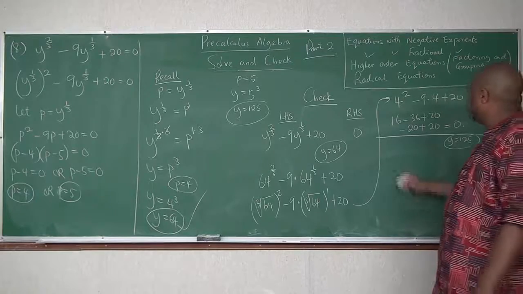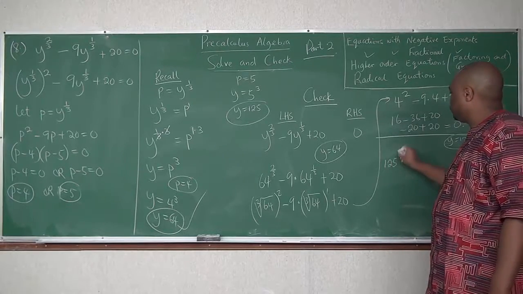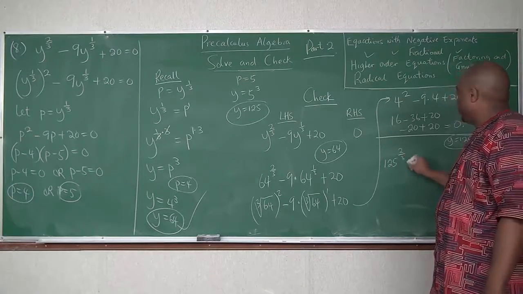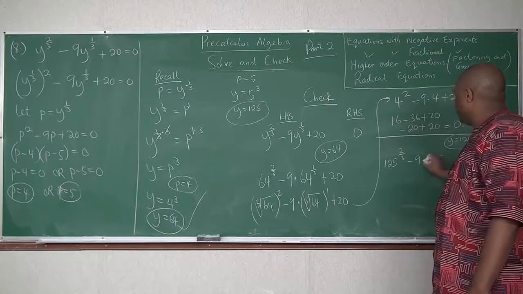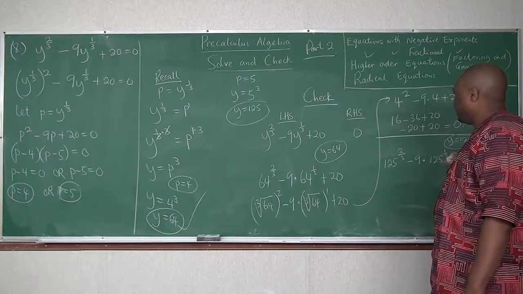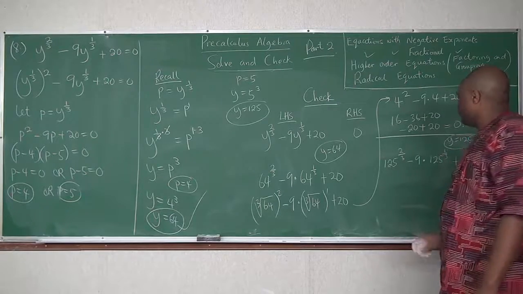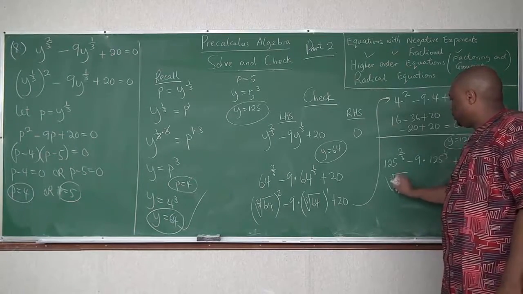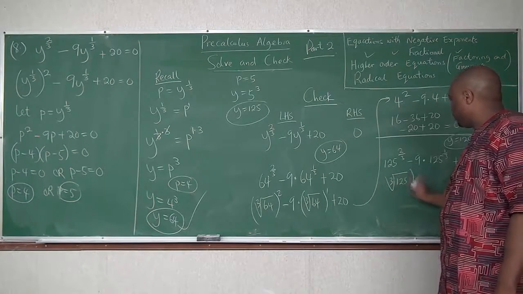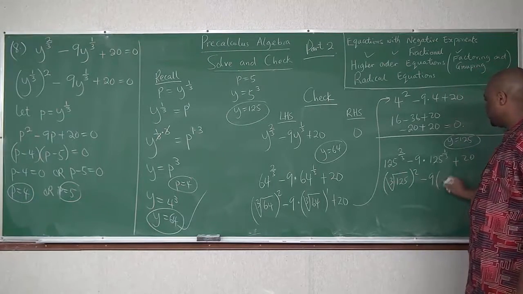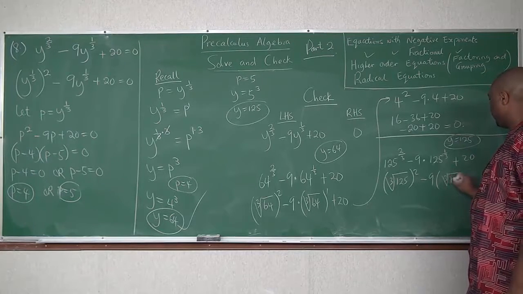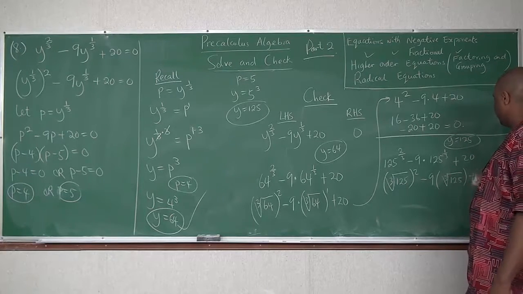This will be 125 raised to power 2 over 3 minus 9 times 125 raised to power 1 over 3 plus 20. And that will give us cube root of 125 all squared minus 9 times cube root of 125 plus 20.